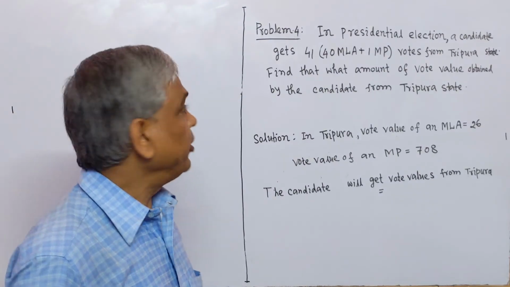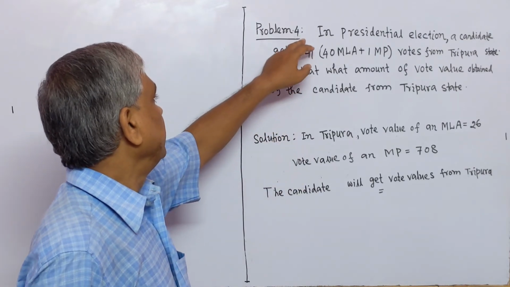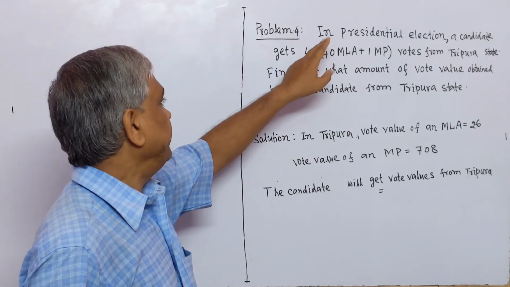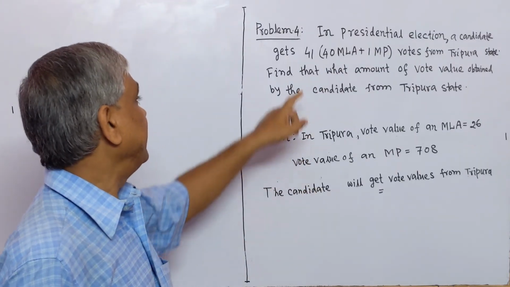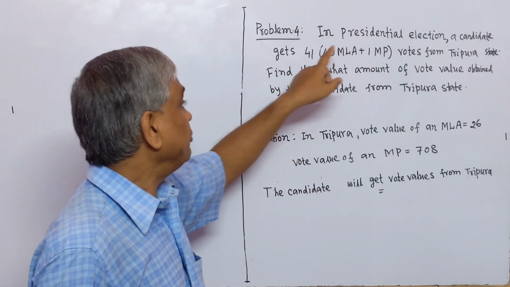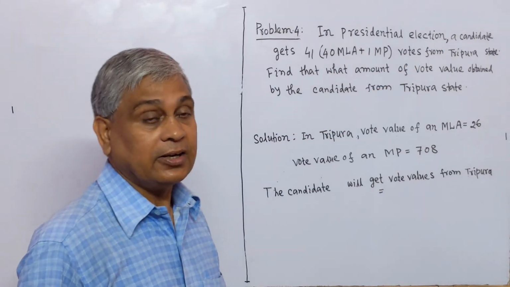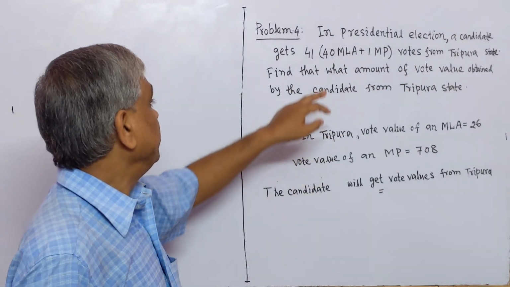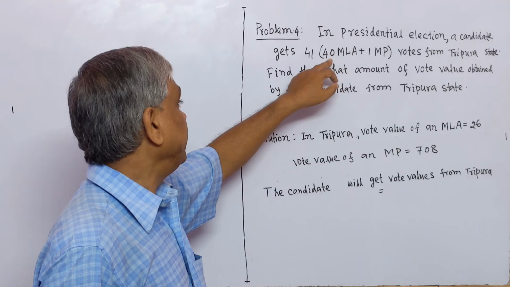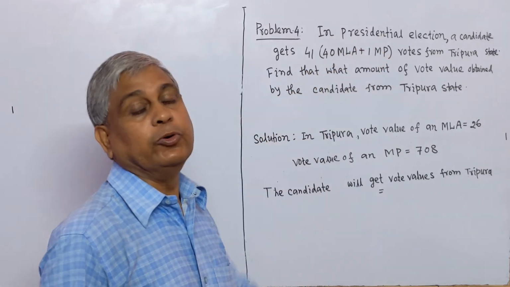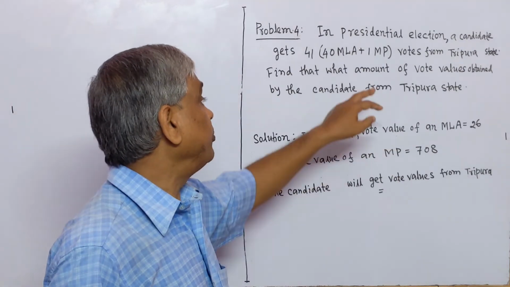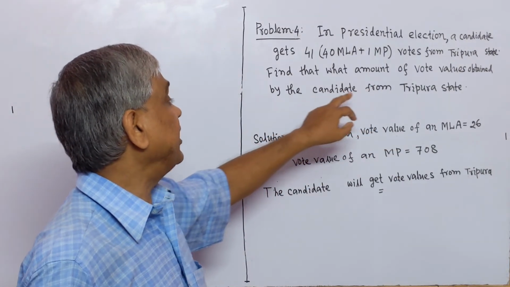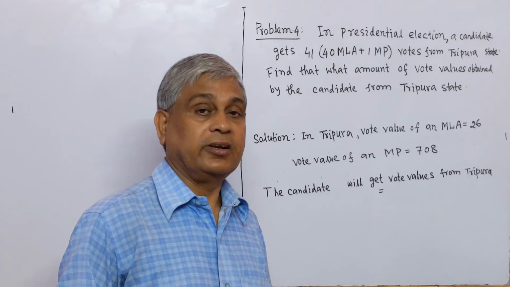Now we solve problem number 4. In this problem, in presidential election, a candidate gets 41 votes from Tripura state, in which he will get 40 MLA votes and 1 MP vote. Find what amount of vote values obtained by the candidate from Tripura state.